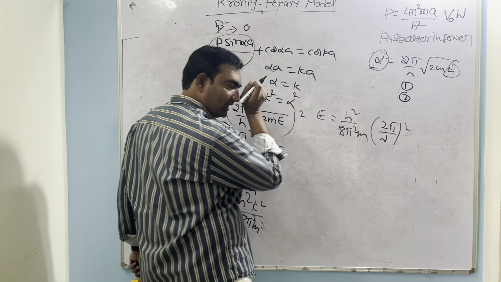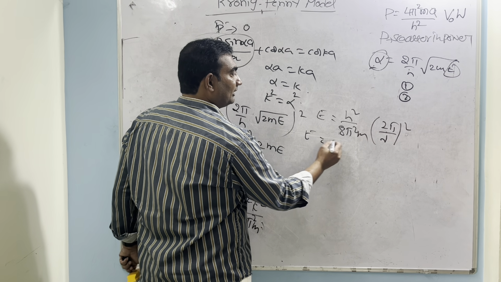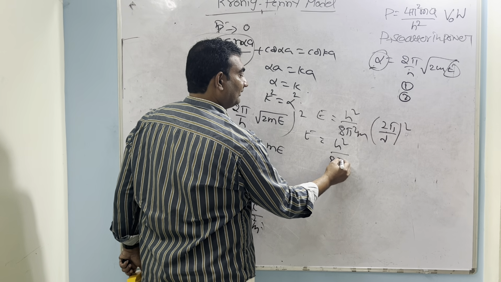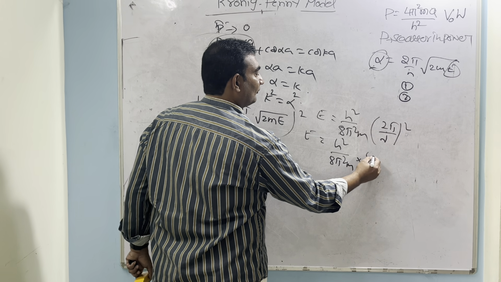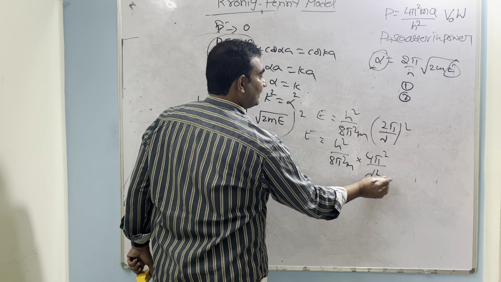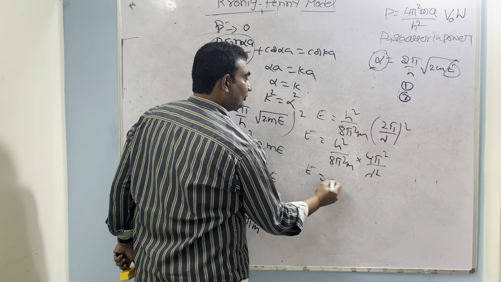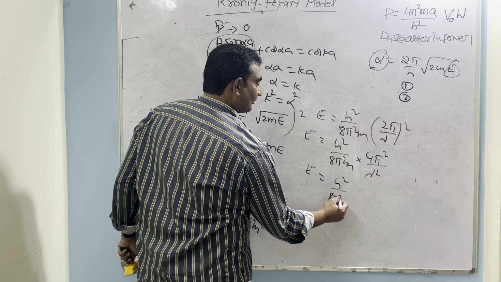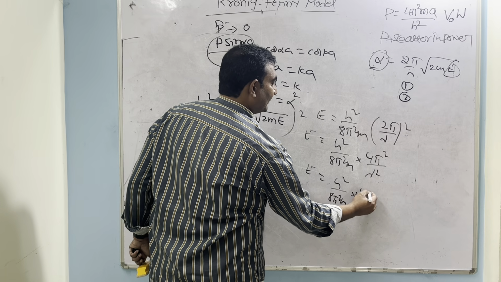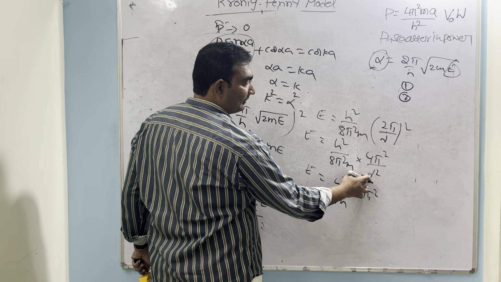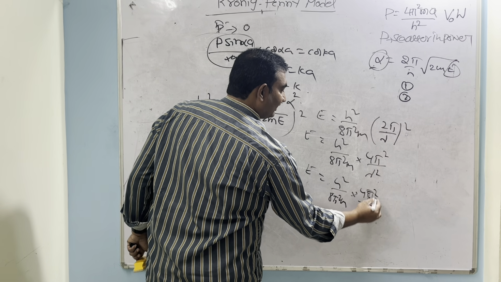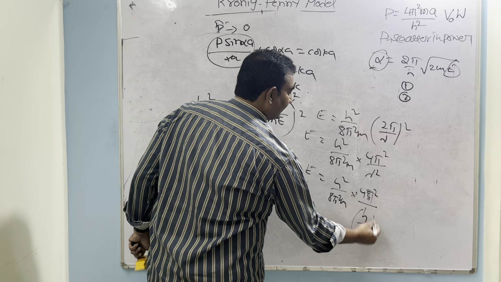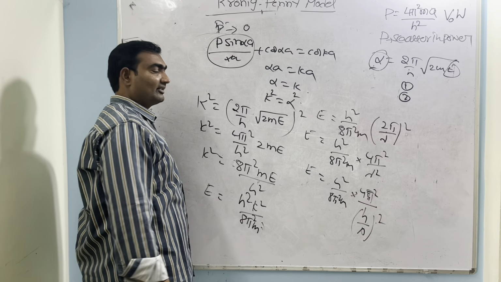So E is equal to h square by 8 pi square m into 4 pi square by lambda square. We can substitute lambda as h by p according to the de Broglie hypothesis.